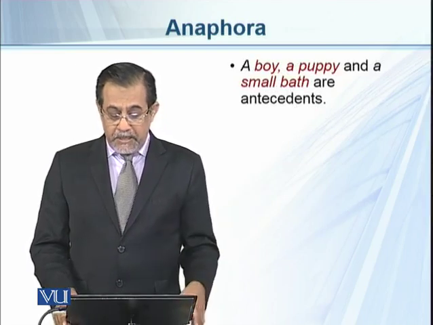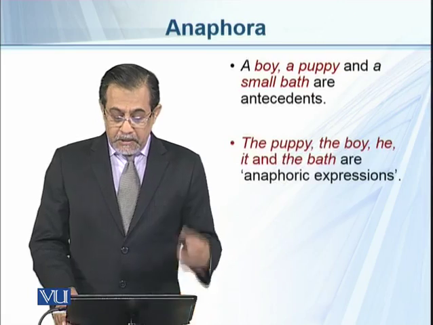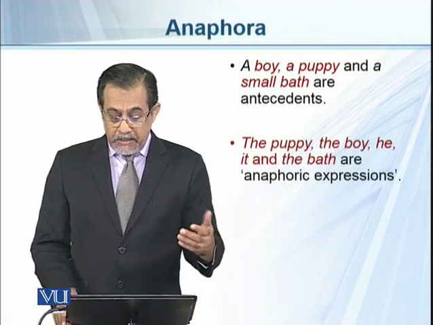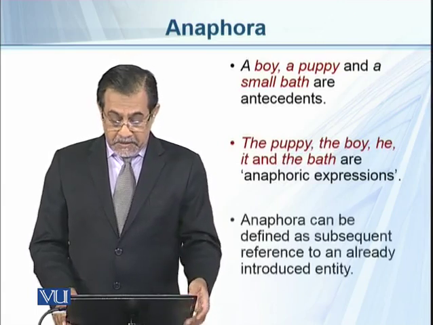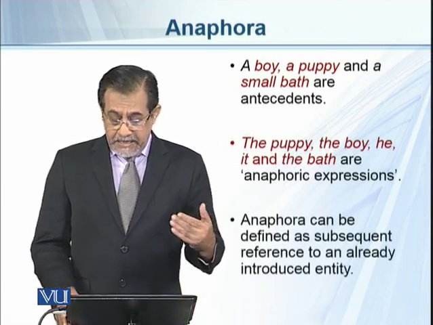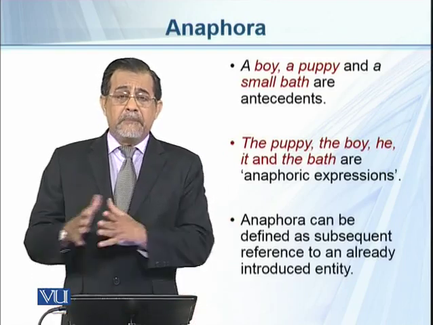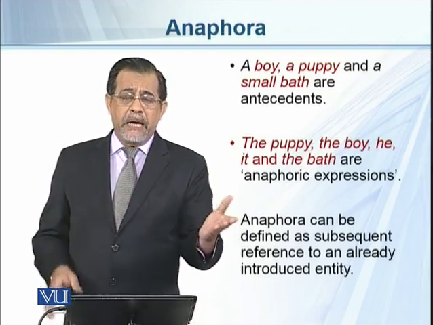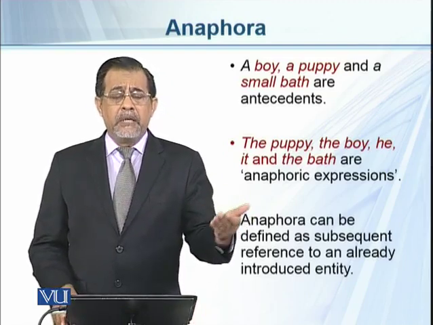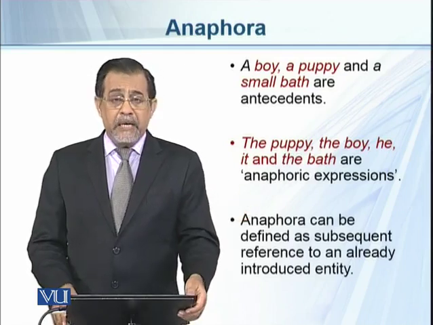The puppy, the boy, he, it, and the bath are anaphoric expressions. Anaphoric can be defined as subsequent reference to an already introduced entity. Subsequent means what comes later. So what comes later can be referred back to an already mentioned entity. So they are anaphoric.